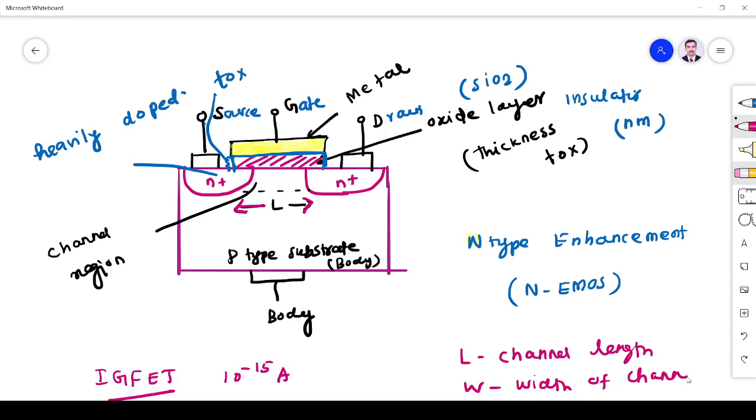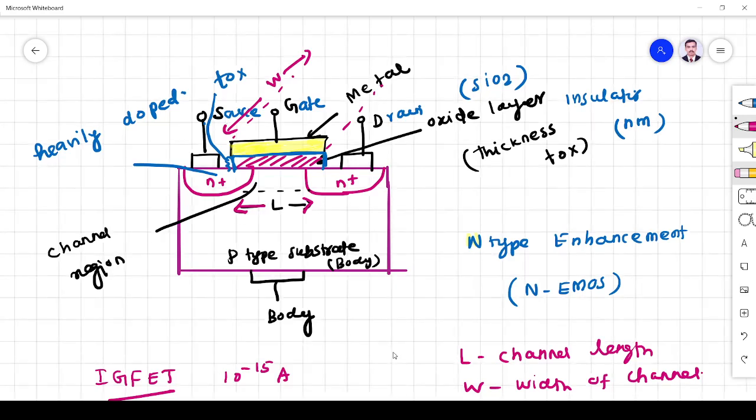In two dimensions we cannot see width, so actually it will be going into the page. So this will be width, right? And T-ox is oxide layer thickness. So these are all the things we must know whenever we learn about the device structure.